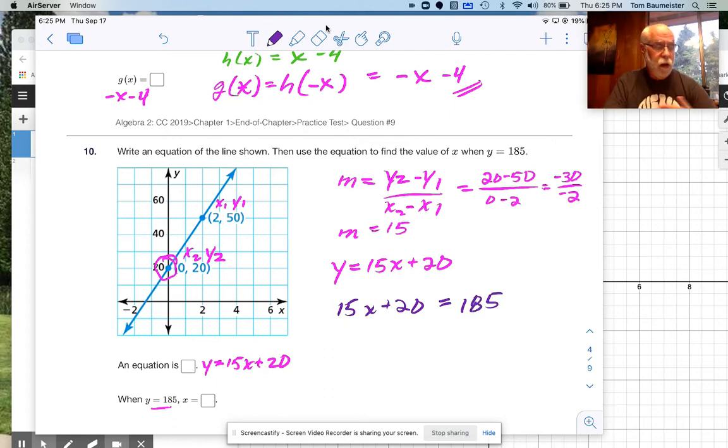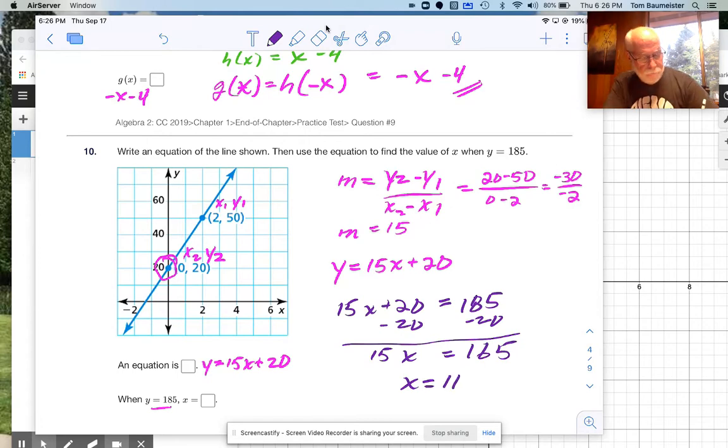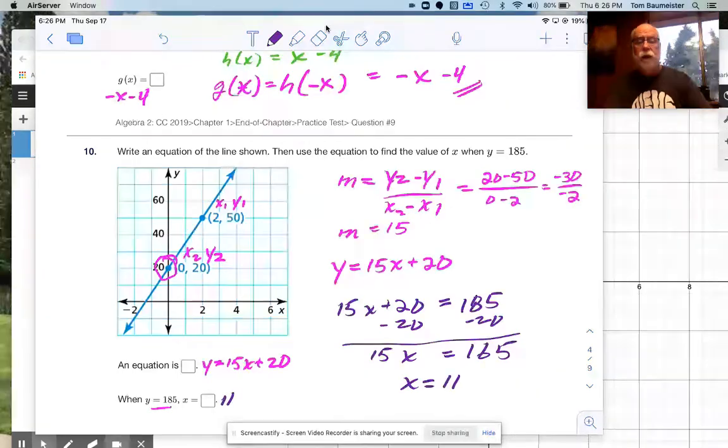I just moved the 15x plus 20 to the left-hand side. It makes it easier for me to solve. So I can then subtract 20 on both sides. I would hope that you would remember to do that in your head or use your calculator, I guess. 165. If I divide through by 15, I'll get that x is equal to 11. And that's my answer for that.